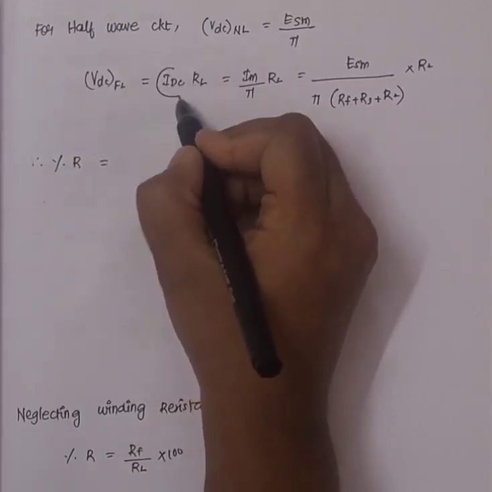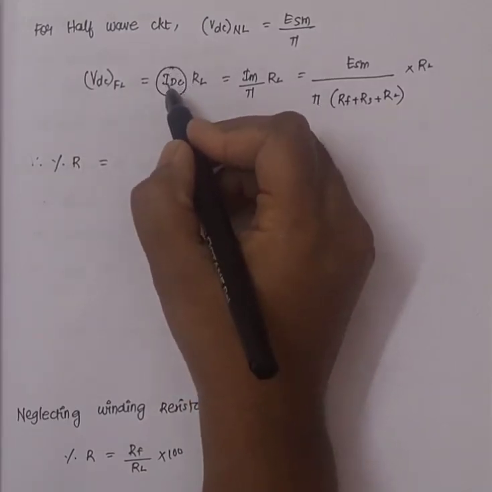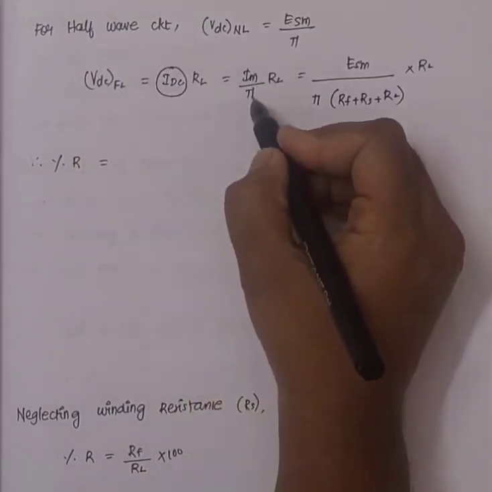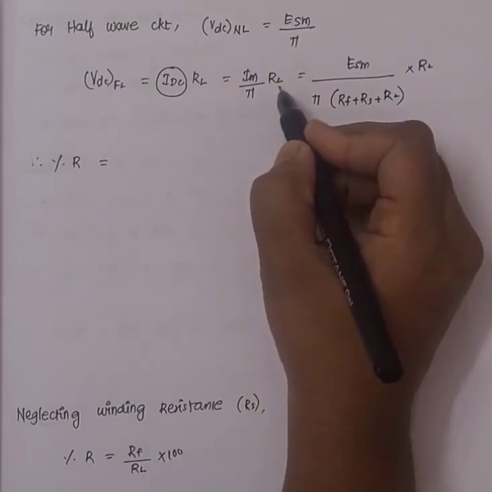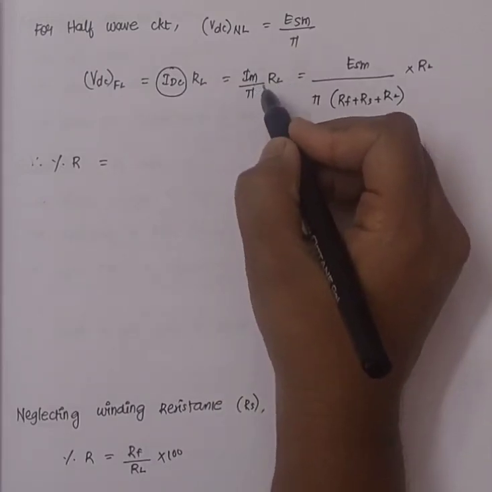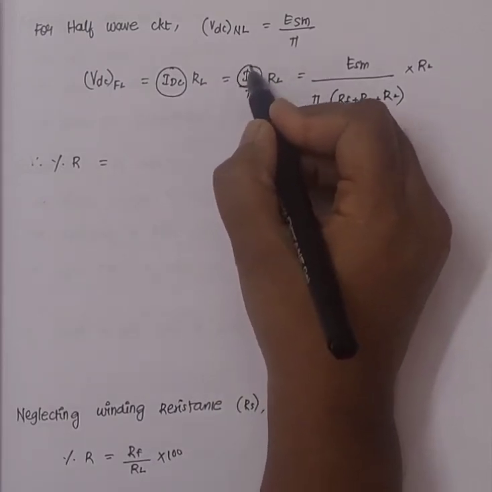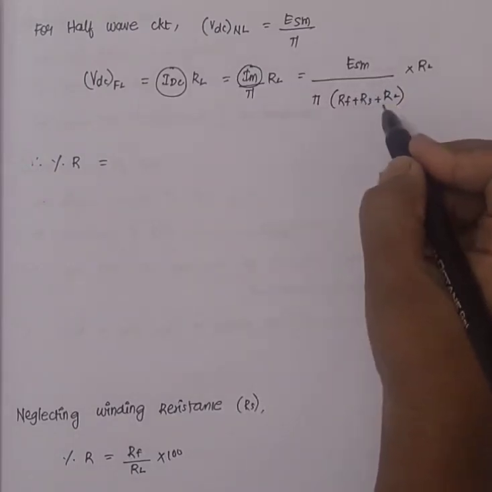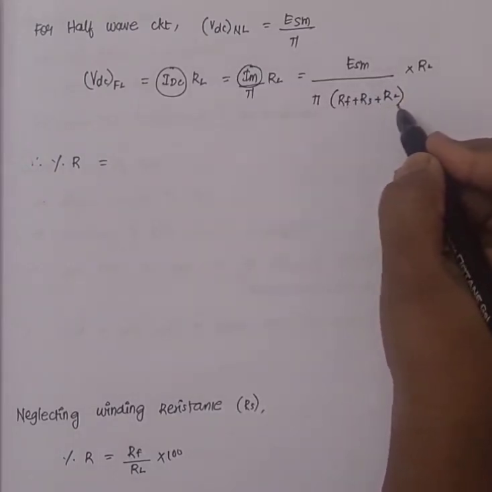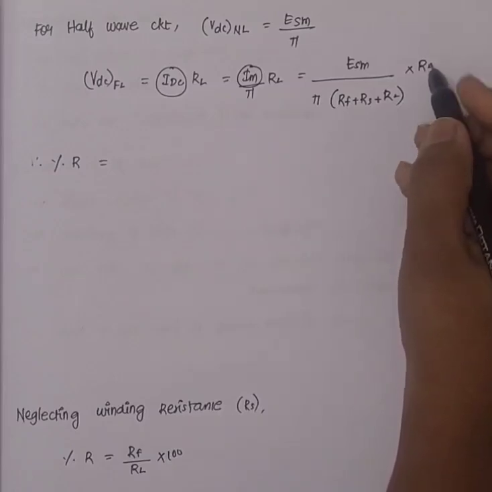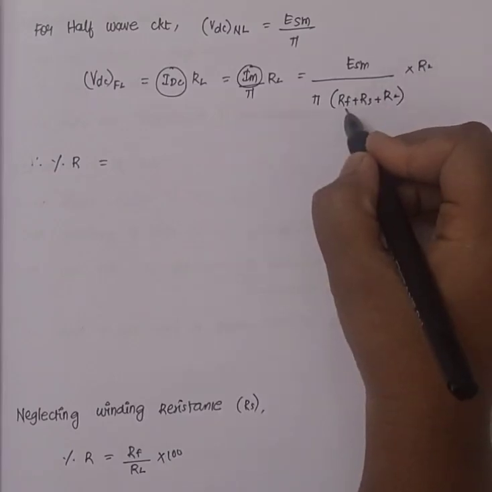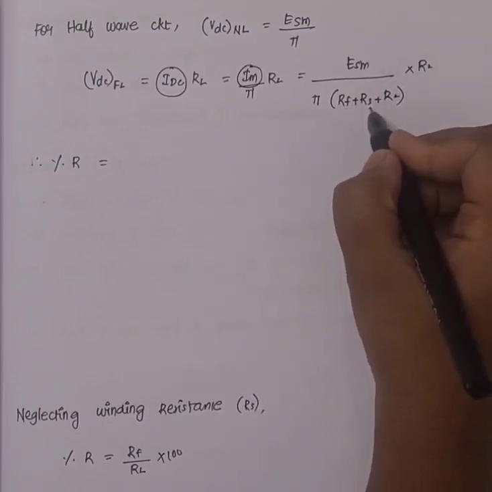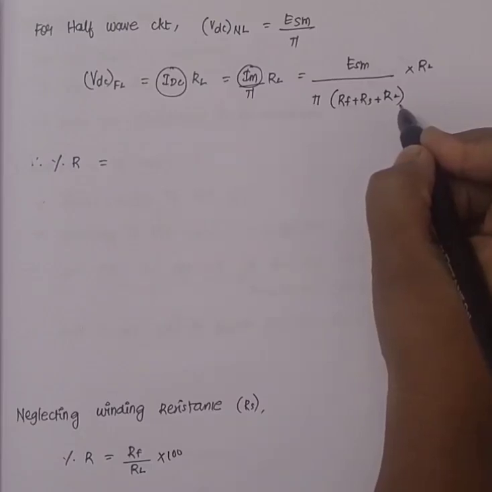We know the value of IDC, that is the DC value of current, which is Im by pi into load resistance RL. Again we know the value of Im, which is ESM divided by pi into the net resistance RF plus RS plus RL, into RL. RF refers to forward resistance, RS refers to source resistance, and RL refers to load resistance.